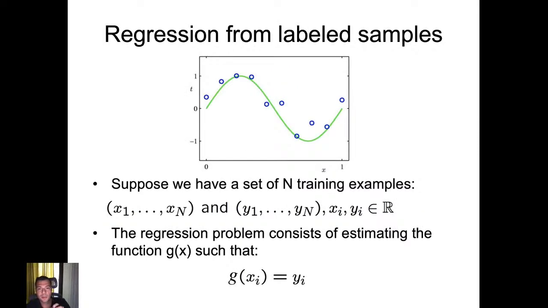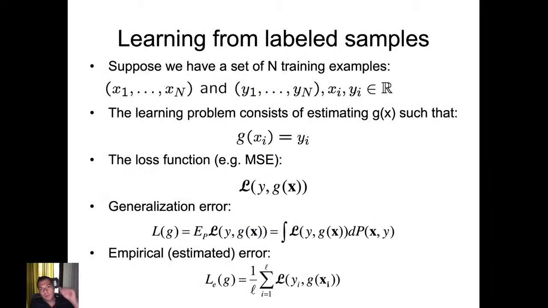So this is the classification problem, and in regression we want to do the same thing, only that y, instead of binary labels, can be any value from R.